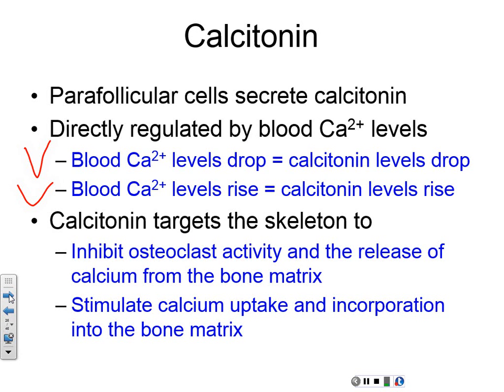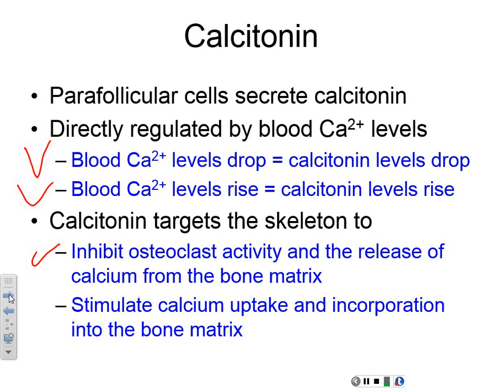So calcitonin targets the skeleton, and we know about the bone cells, don't we? We know about the osteocytes, we know about the osteoclasts. We've already done that. So you know that if osteoclasts are active, then it's going to be busy breaking down calcium from bone. So calcitonin will cause the inhibition of those.